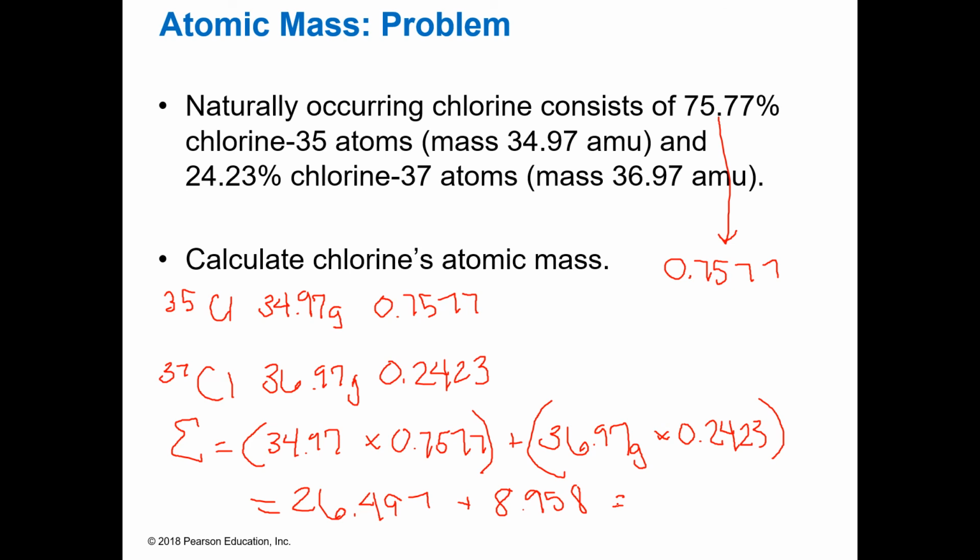Okay, so then we'll add those together, and you get 35.455. And if you look on a periodic table, you will see that 35.45 is what you see for the mass number underneath the elemental symbol.